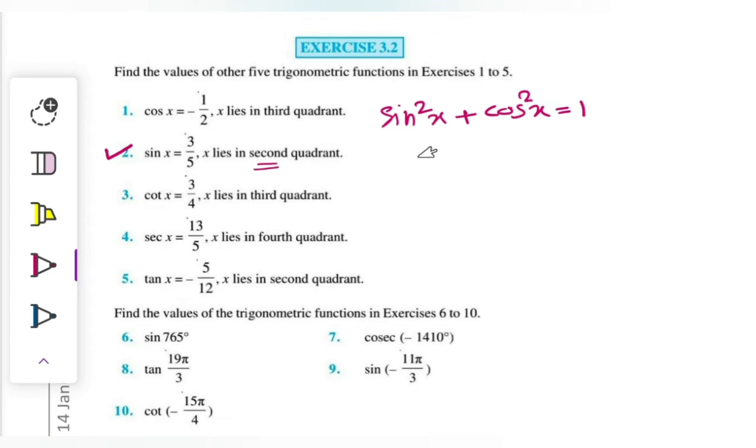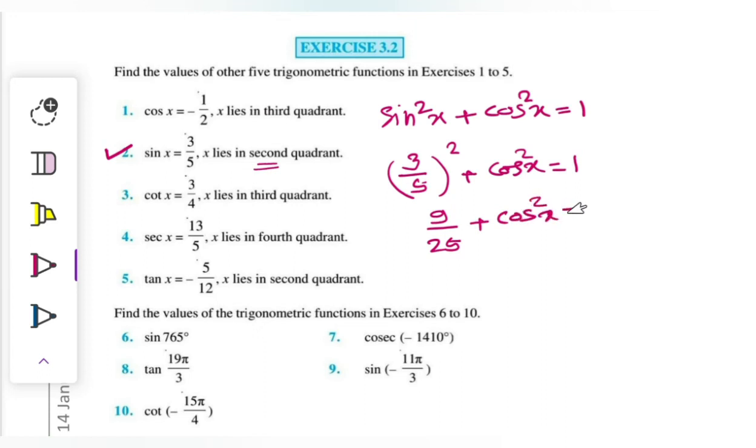Sin square x means 3 by 5 whole square, plus cos square x equals 1. 3 square is 9, 5 square is 25, so 9 by 25 plus cos square x equals 1.